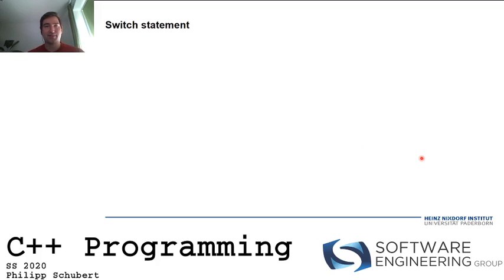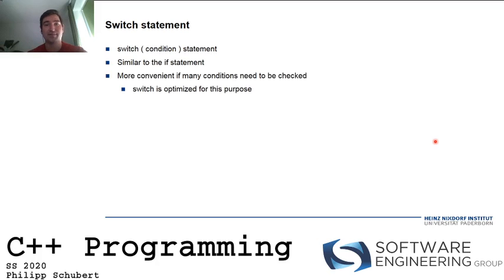Let's now talk about switch statements. So you can also have switch. It's also a keyword. You can associate a condition with the switch statement, and then you have a statement. So how does it work? It's similar to the if statement, but it's optimized for whenever you need to check many conditions.